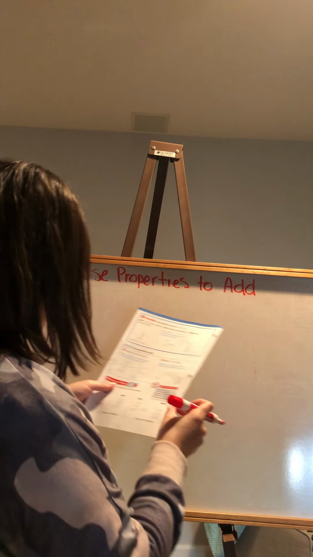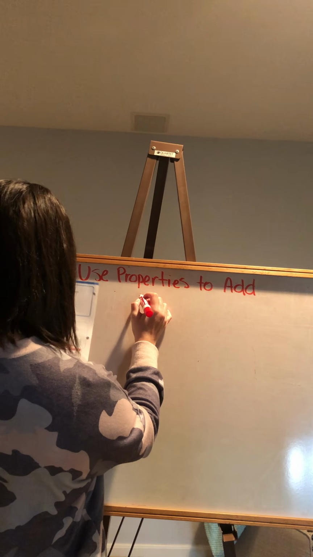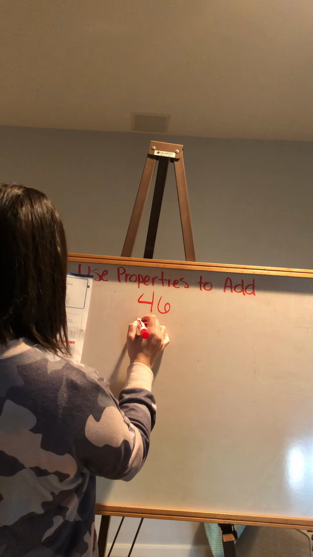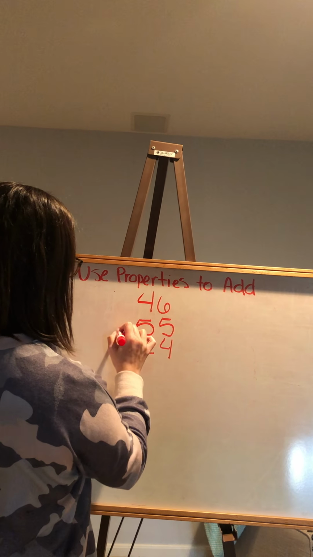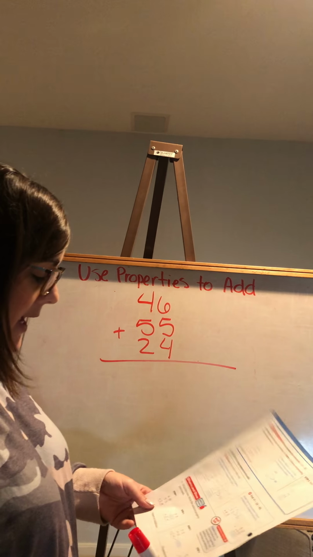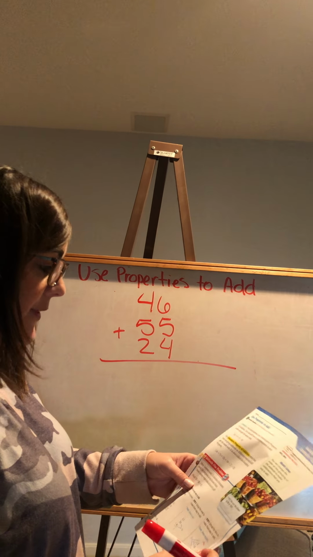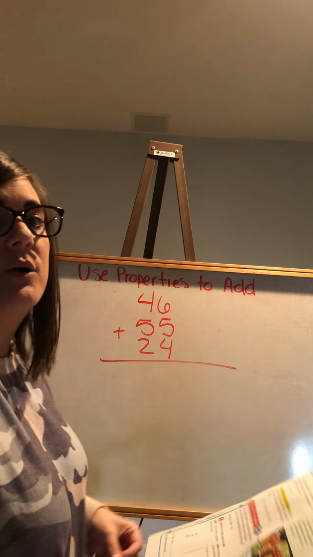So here we have 46 plus 55 plus 24. But instead of using the commutative property, we're going to use the associative property. Remember, the associative property is you group addends in different ways and still get the same sum.